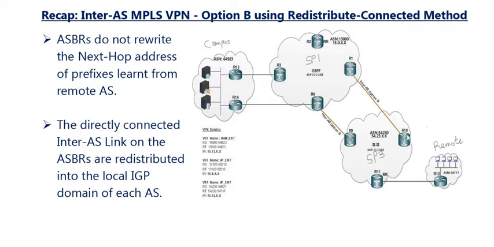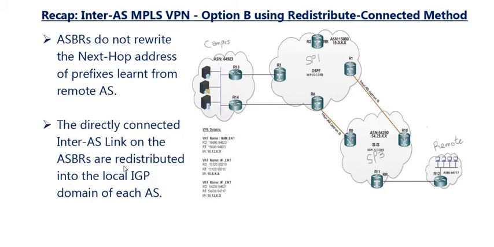They just take those IPs and redistribute the connected inter-AS links into the IGP of the local AS. In this case, R1 will learn the remote routes from this SP and redistribute the connected inter-AS link, which is this link, into its local IGP.